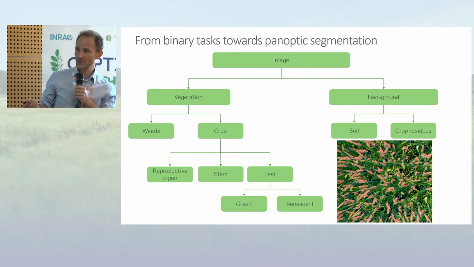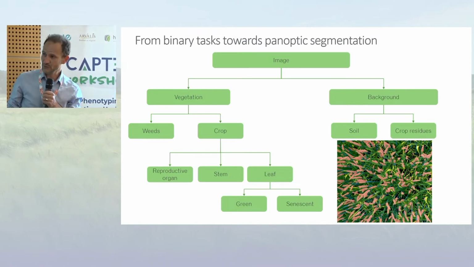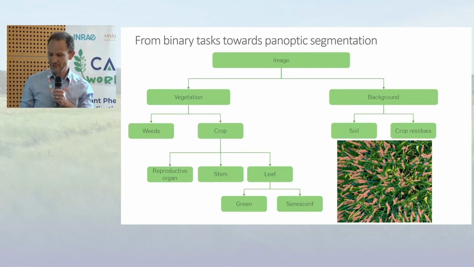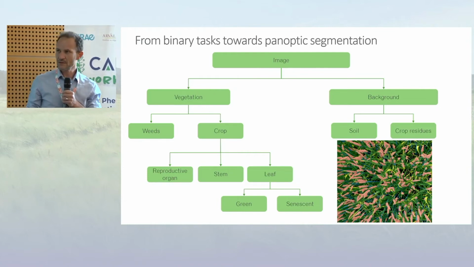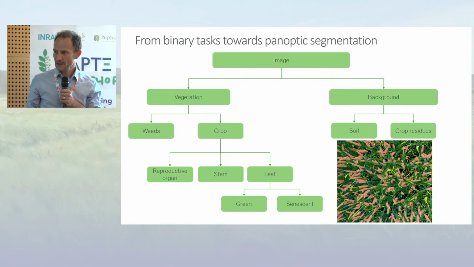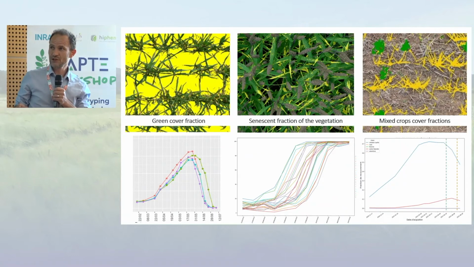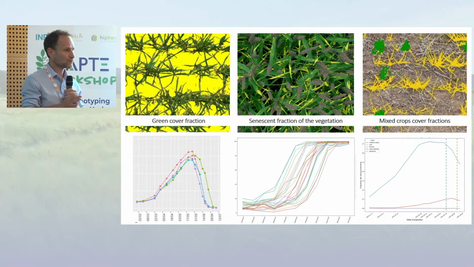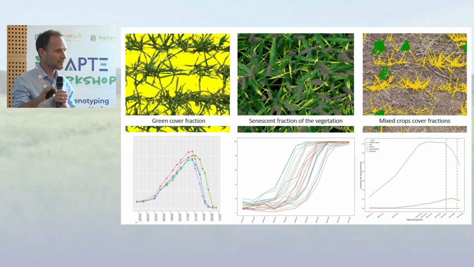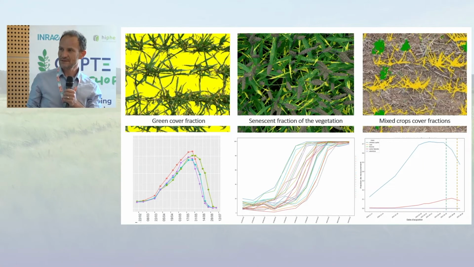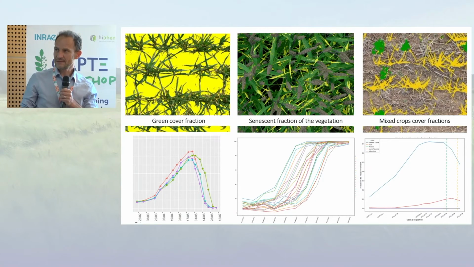That's an example of a composite image with a class for ears, one for the stems, one for the leaves, and one for the background. From the leaves, we have a separation between green and non-green. That's running now in an efficient way. There are different applications. The most obvious is the green cover fraction estimation. We classify all the parts that are green, and that's quite easy, efficient and accurate.